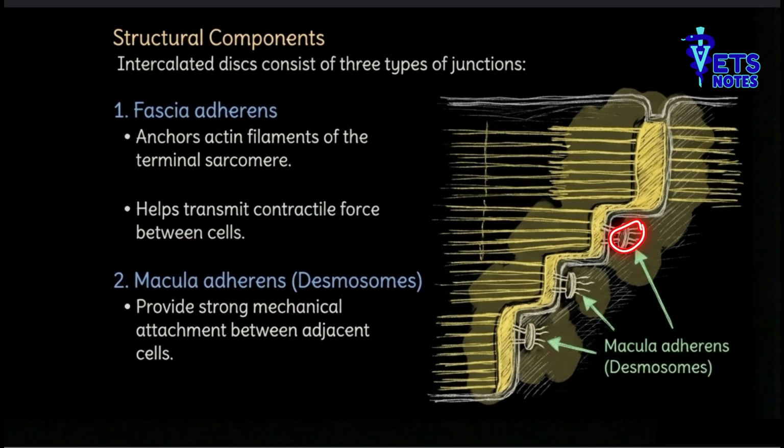Macula adherens, or desmosomes, provide strong mechanical attachment between the adjacent cells.